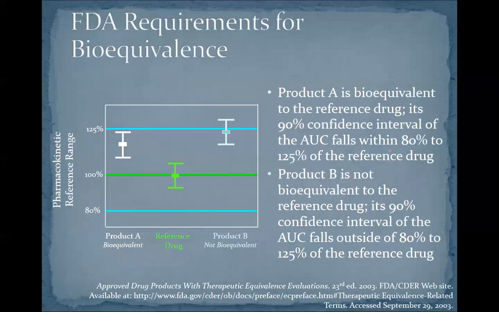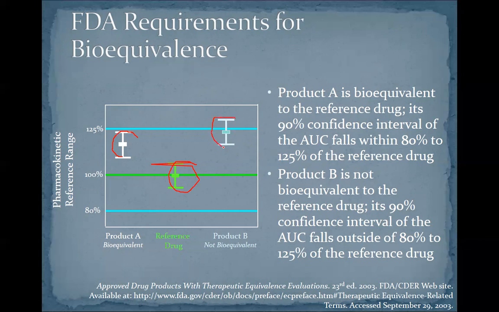Now, when we talk about the limits, the limit is considered plus or minus 20%, so somewhere around 80 to 125%, considering this is the reference drug. We have two compounds that are intended to be used as generic drug. This is product A and this is product B. Now, what you find is the bioequivalence of product A shoots beyond 125%.